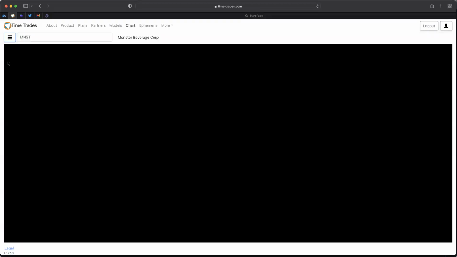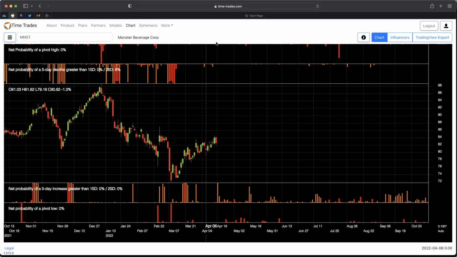So we can see that Monster Beverage here has the number one probability of all of the 800 stocks in the system. This has the highest probability of an up day for Monday the 18th.